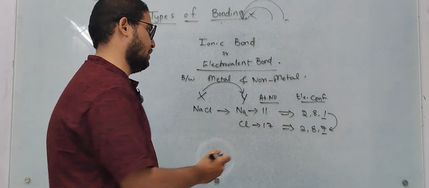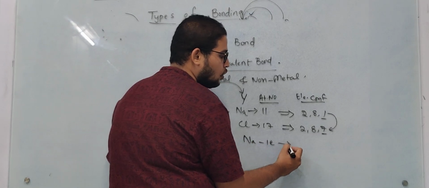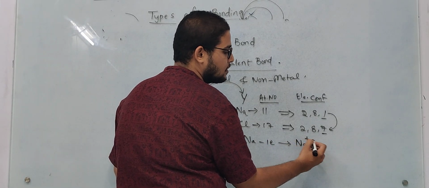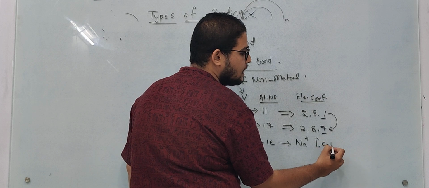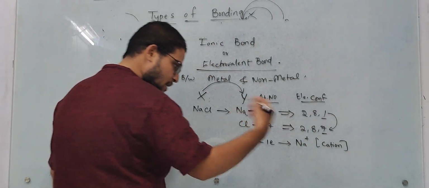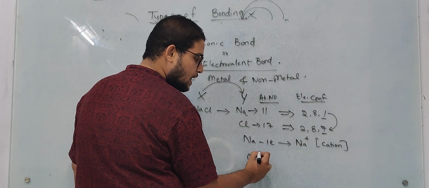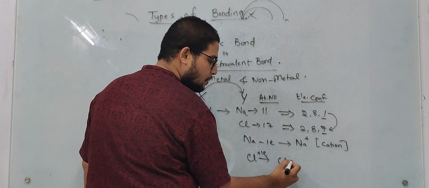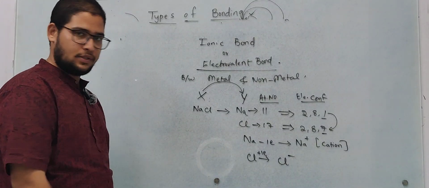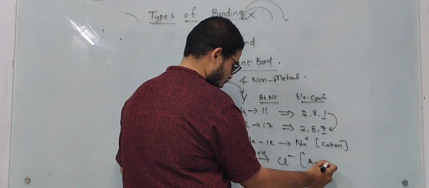How does it transfer? Sodium will lose 1 electron to become Na+. We call it the sodium cation, or formation of a cation. In a similar way, chlorine will gain 1 electron to become Cl-. This is called an anion.